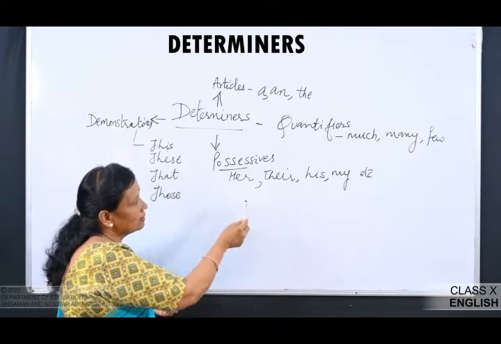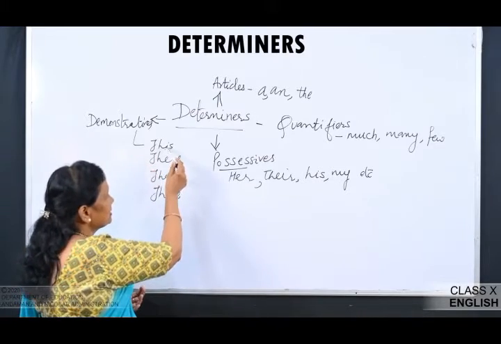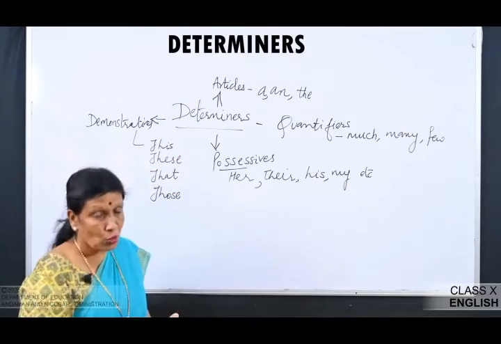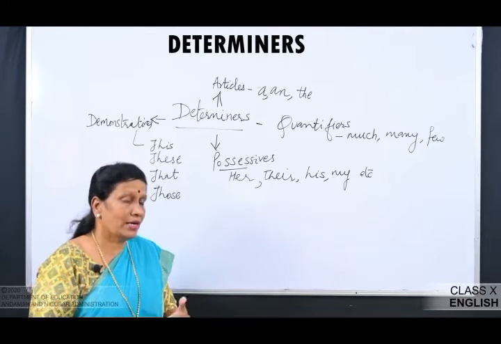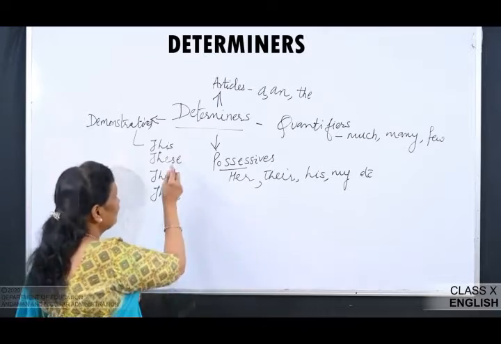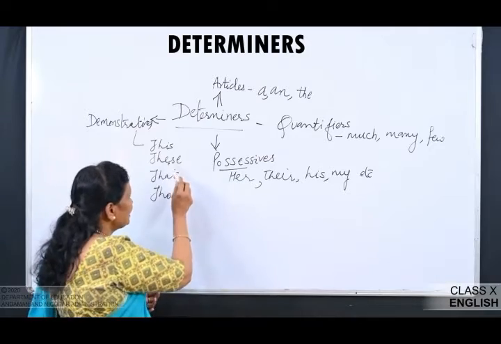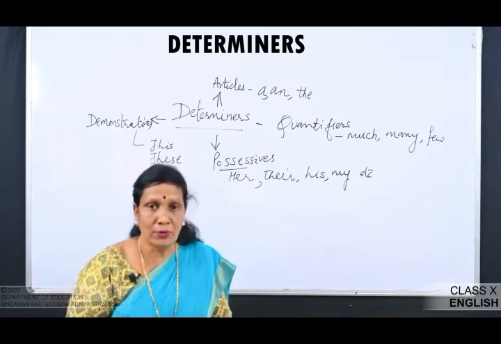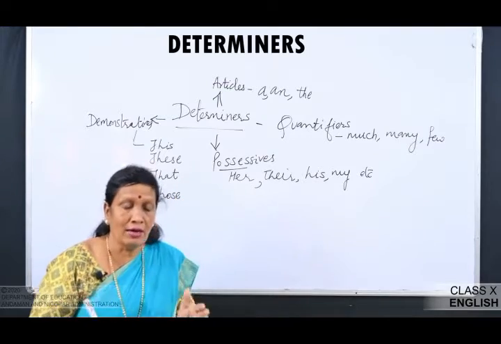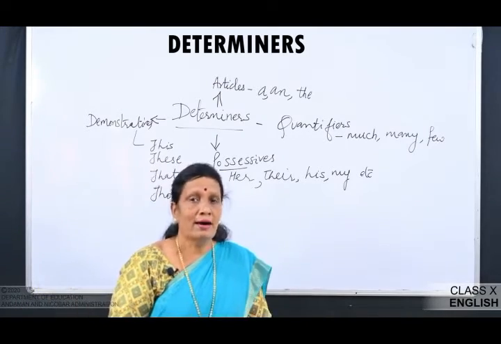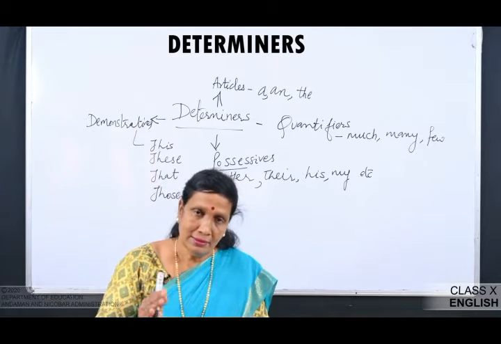Now possessives: her, their, his, my, etc. And here demonstratives, this and these, that and those, which tell us about things which are near or far. For example, this and that we use for singular, and these and those we use for plural. So children, I hope you got an idea of what determiners are. So now let's try to understand the determiners.